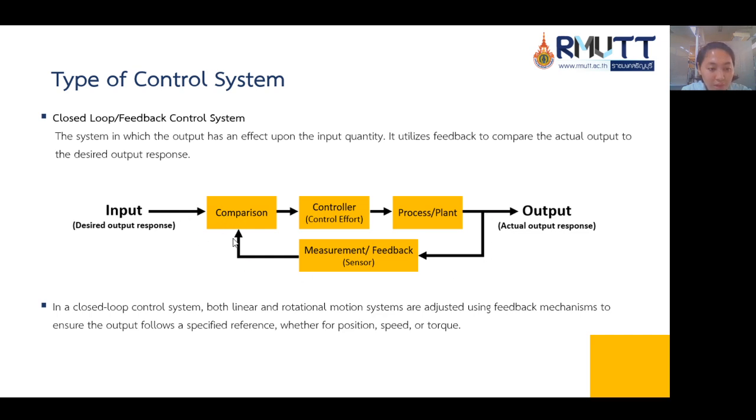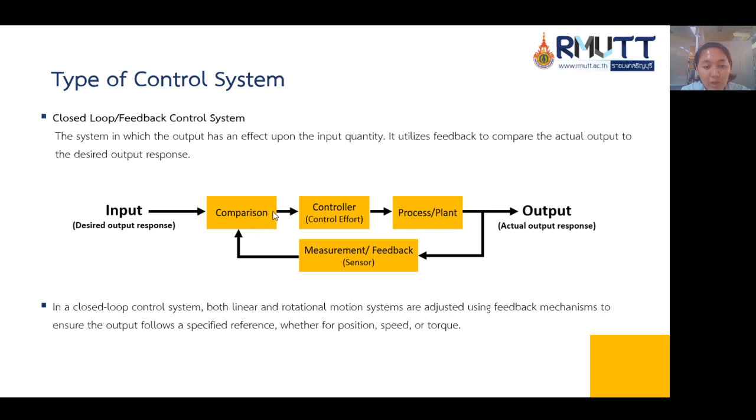So in this block diagram, there is an input or desired output response. Then the signal flows to the comparison. This is to compare the measurement from the sensor with the desired output or input.